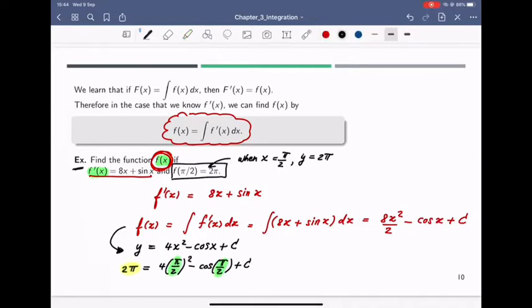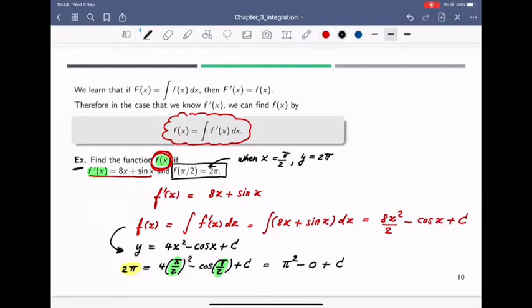So that means I can solve for c. Here I'm going to get pi over 2 squared, so I get pi squared over 4 times 4, that is, I get pi squared. And negative cosine of pi over 2 is 0, right? So that is minus 0 and then plus c.